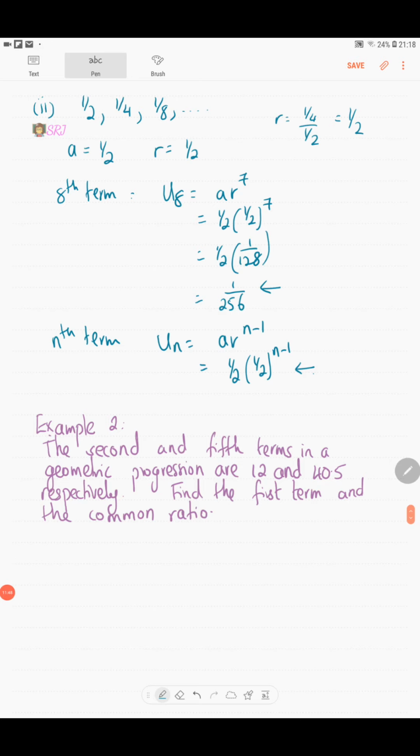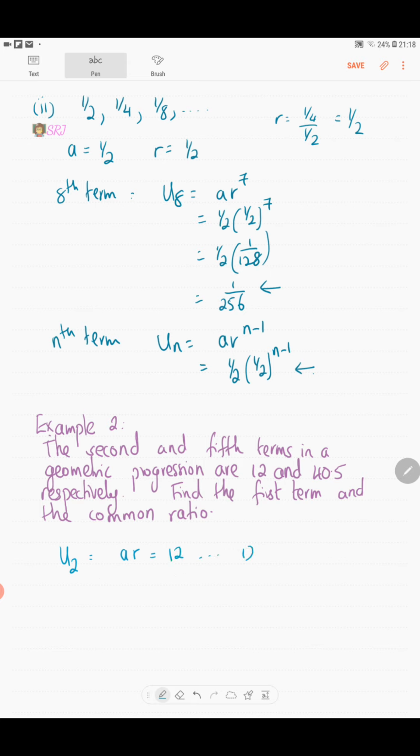Now we have a second example. The second and fifth terms in a geometric progression are 12 and 40.5 respectively. Find the first term and the common ratio. So the second term, which is u2, ar, is equal to 12.